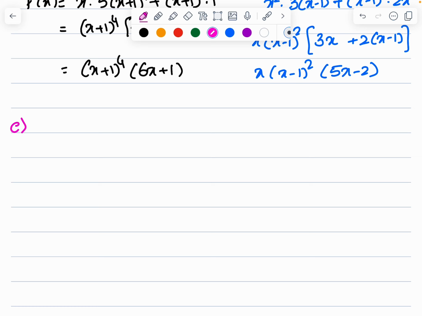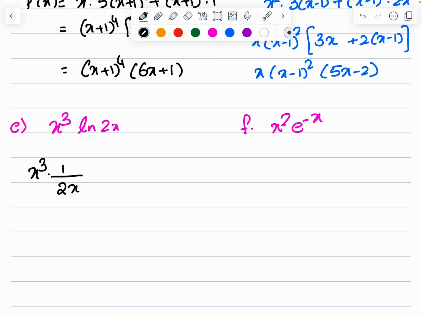Come to part E. So what is part E? x cube ln 2x. Let me write part F also. Part F, x square e power negative x. These two questions I'll do together. So x cube ln 2x. The solution, x cube I keep as it is. Ln 2x derivative is 1 upon 2x, chain rule. Ln x derivative is 1 upon x.